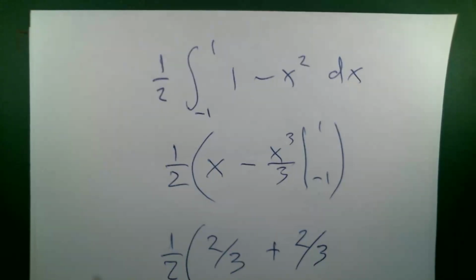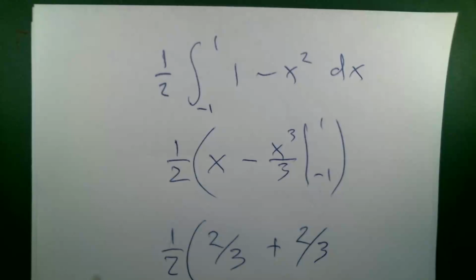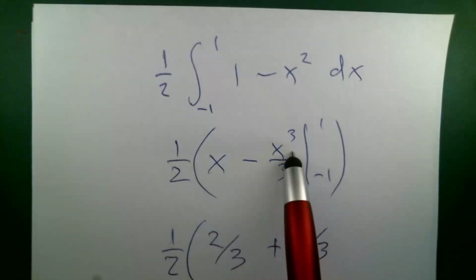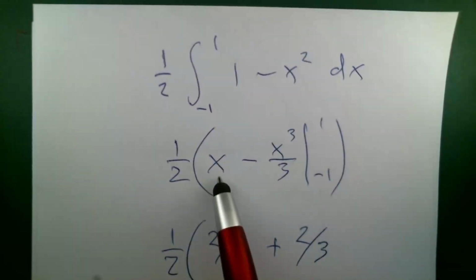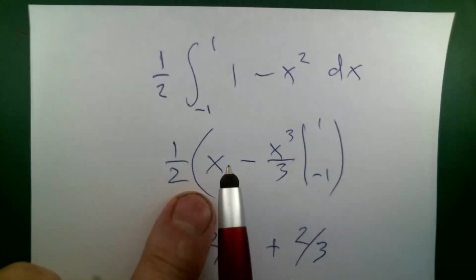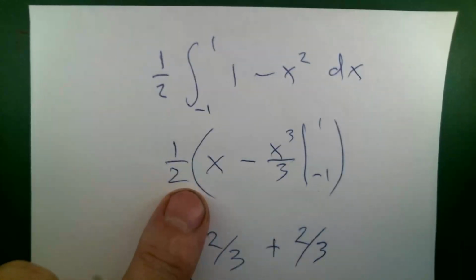Oh, I should have done that in a quicker, easier way, which is to say, both of the things being evaluated are odd functions. So like the x, it becomes 1 minus -1 when we do that. So you get 1 plus 1 or 2.